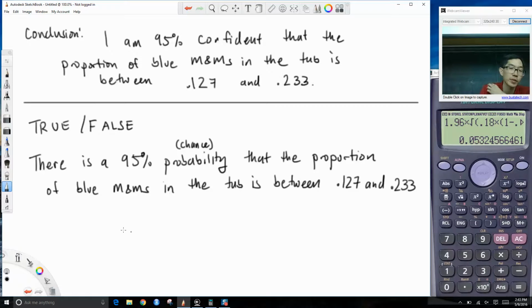Go ahead and discuss with your neighbor whether you think this statement is true or false.